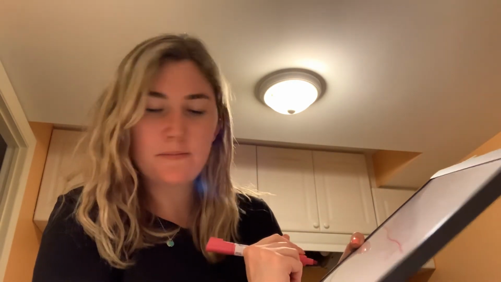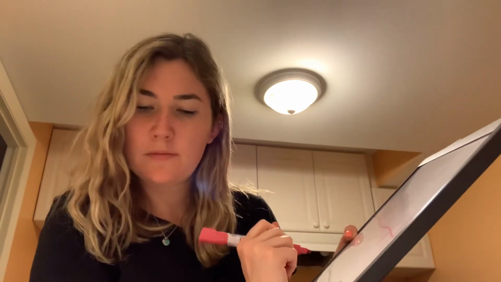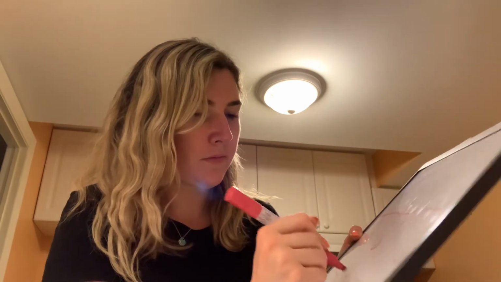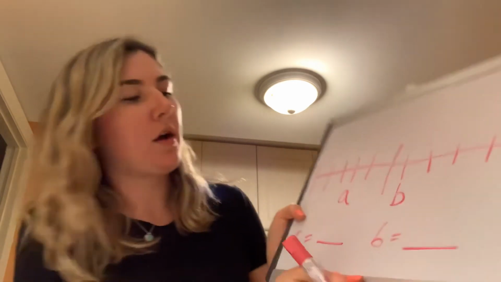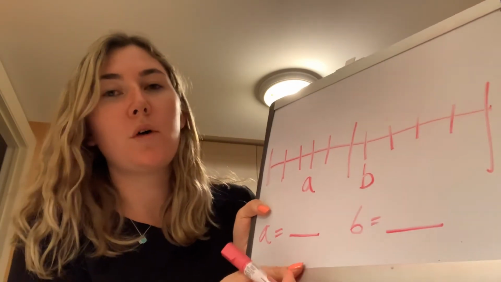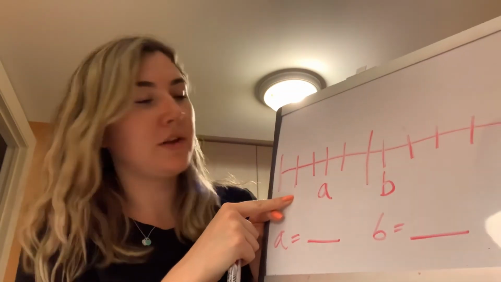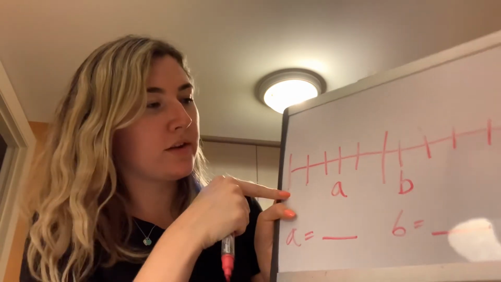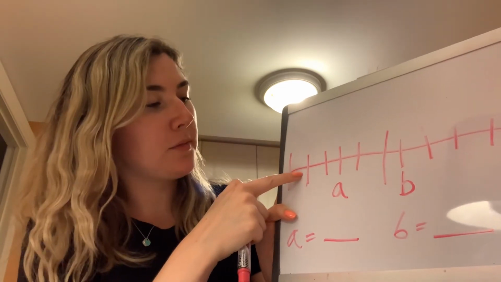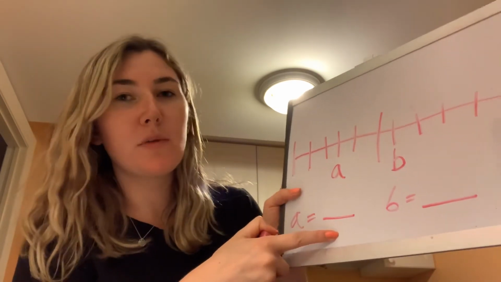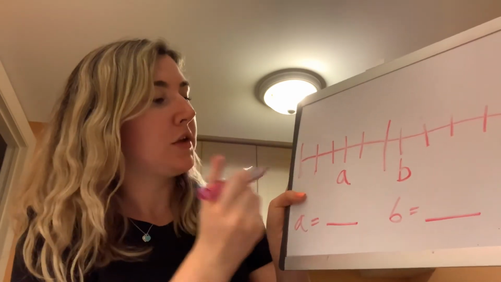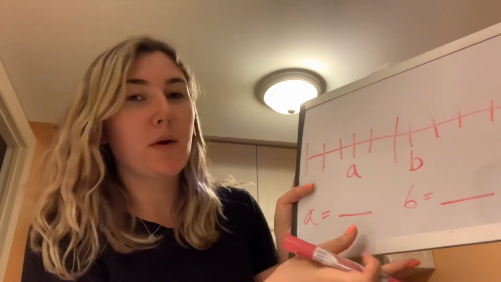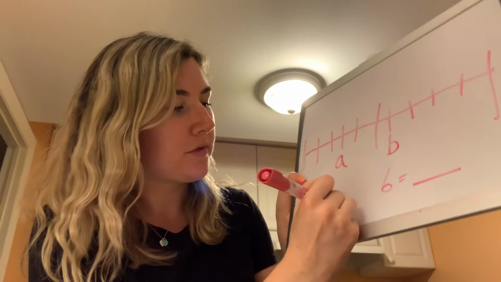So we'll do A and B. Now we know our bottom number will always be how many parts are in 1 unit. So we know from this larger line to this line, that's 1 unit. And now we have to count to see how many parts are in each unit, and that will be the bottom number for all of our fractions. So you can see here we have 1, 2, 3, 4, 5. So now our bottom number for all of our fractions will be 5.